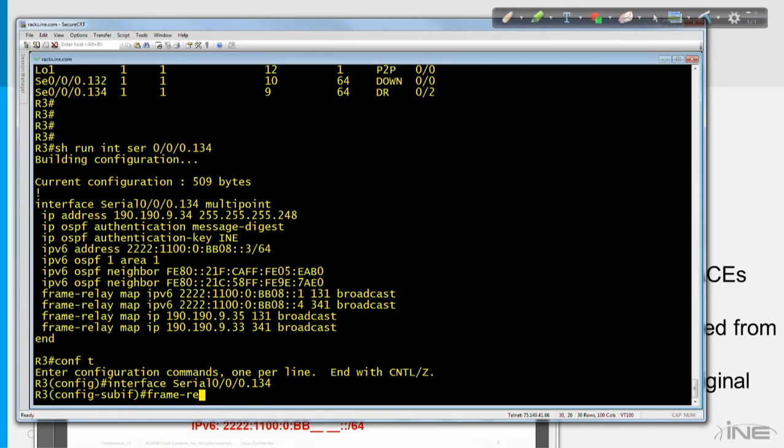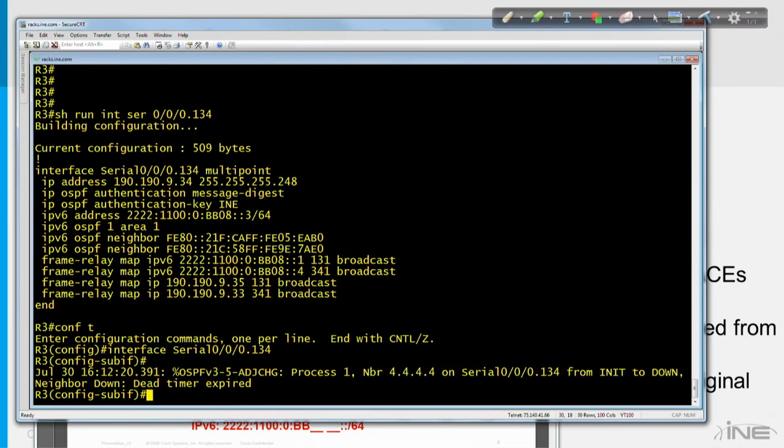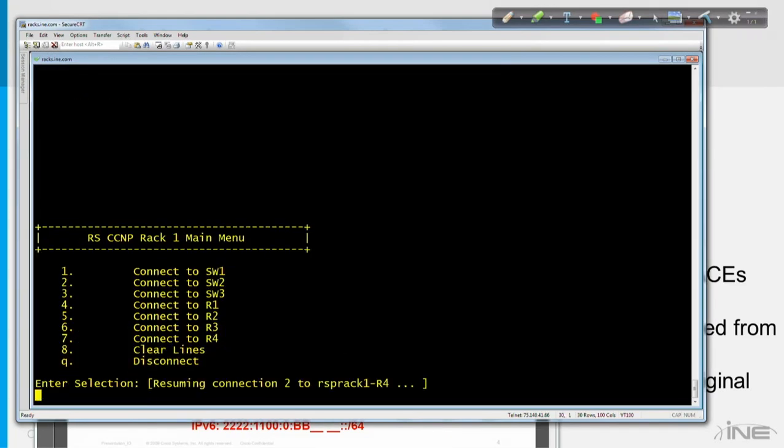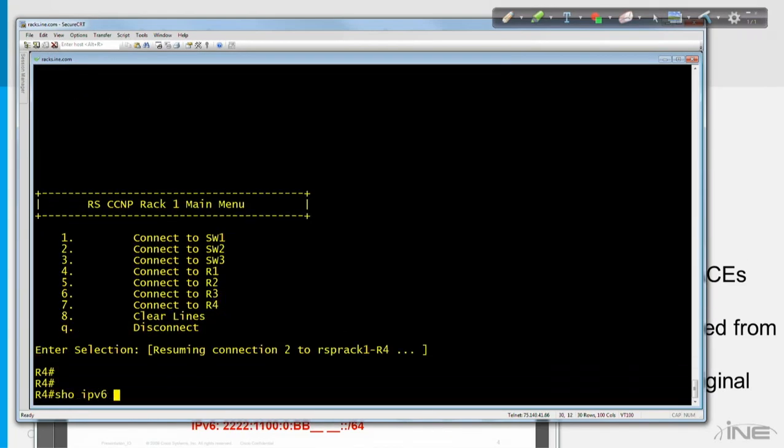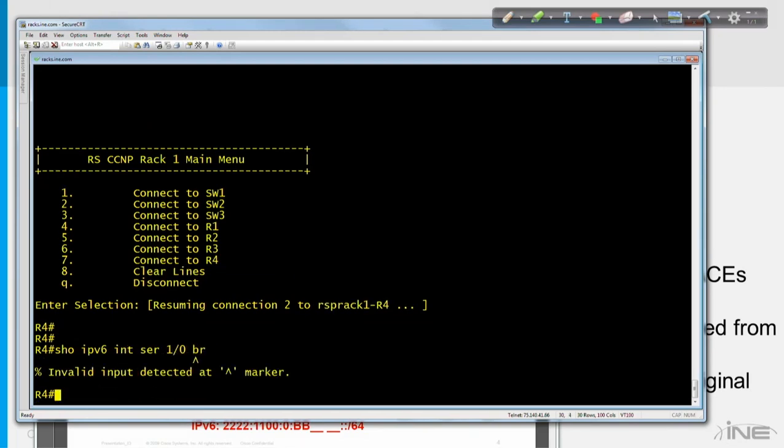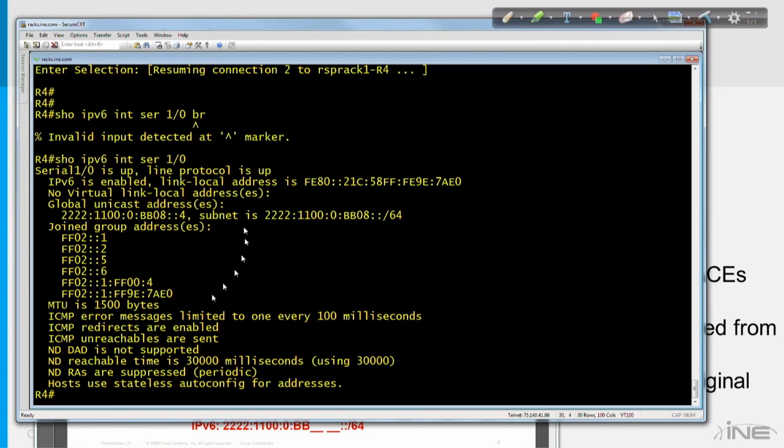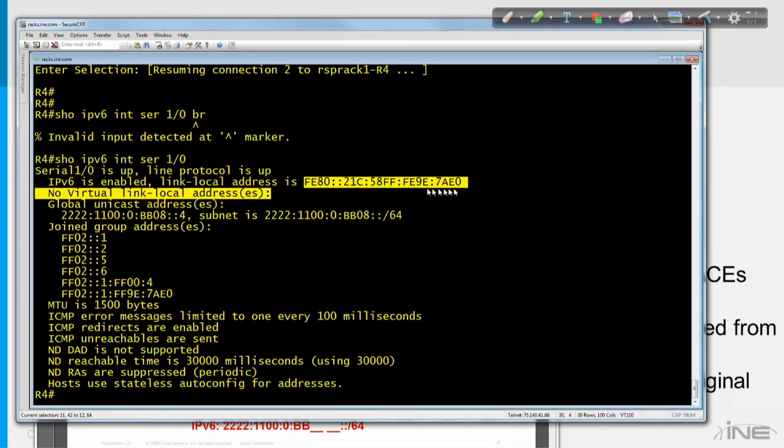So let's go back to R4 and figure out what his link local address is. Show IPv6 interface serial 1/0. All right, so it's this one, 7AE0.